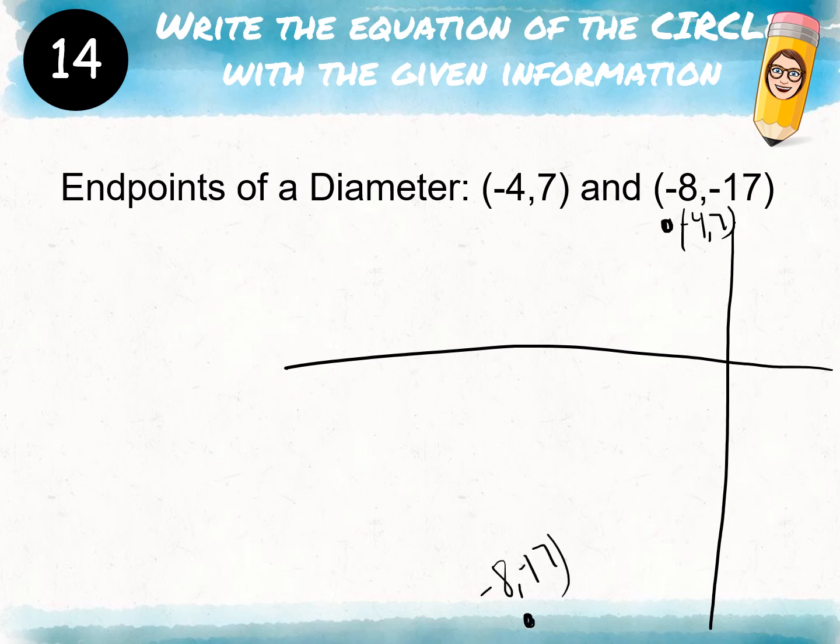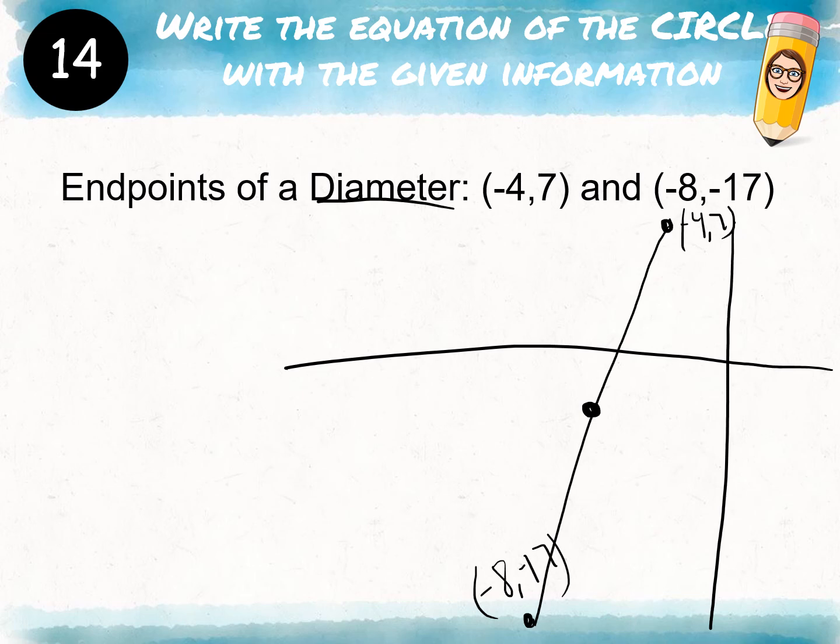Now let's talk about what those points represent. They are endpoints of the diameter, meaning if I connect them, right, they are the length of the circle going through the center point. So I don't even know what the center point is. So let's refresh our geometry brains.